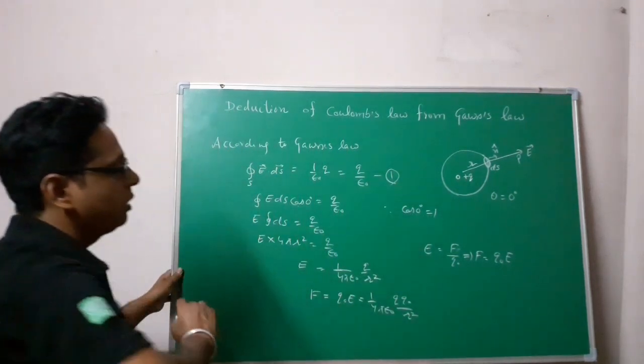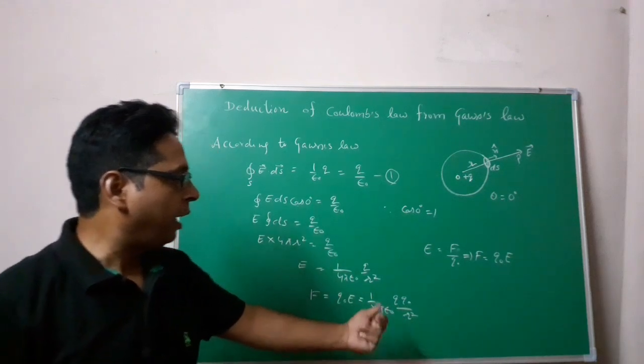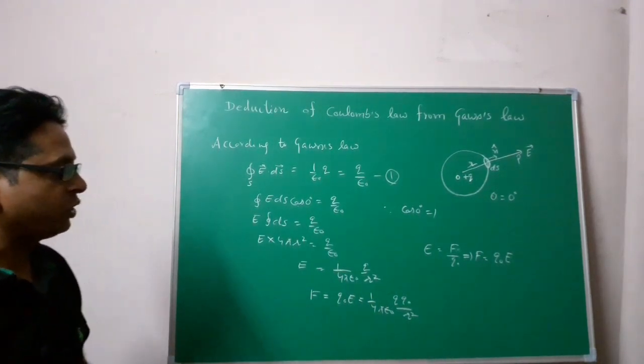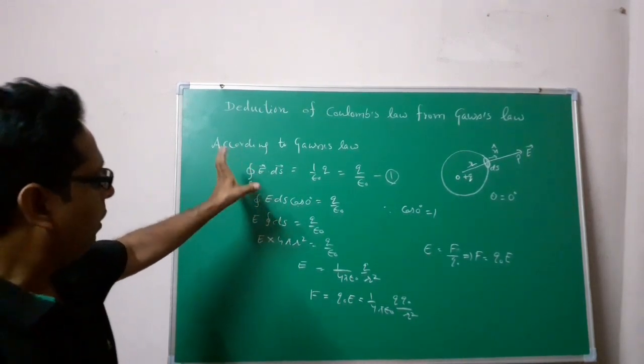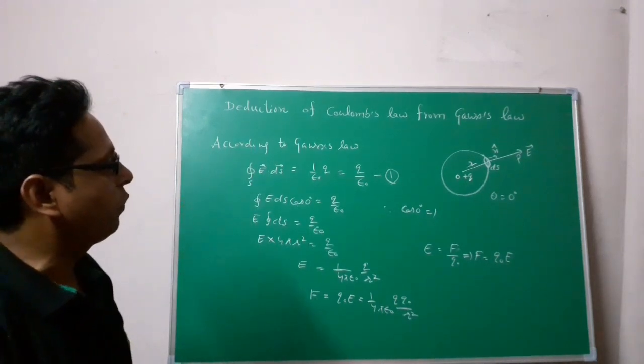This is nothing but Coulomb's law: the product of charges divided by the square of the separation between them. So we have deduced Coulomb's law from Gauss's law.